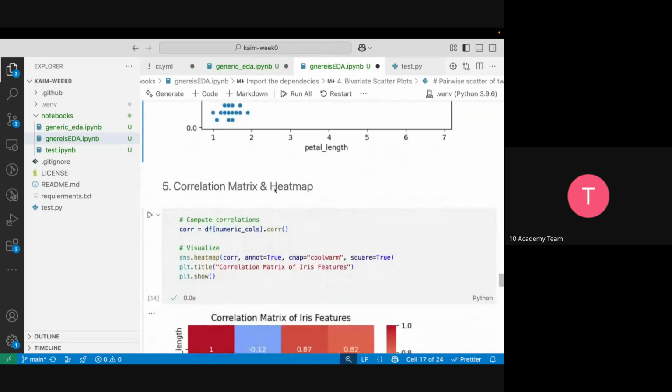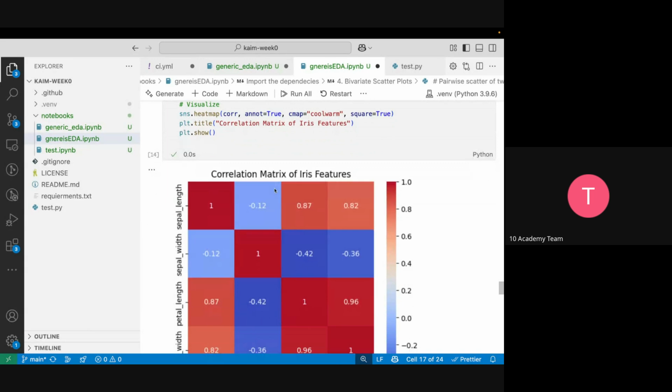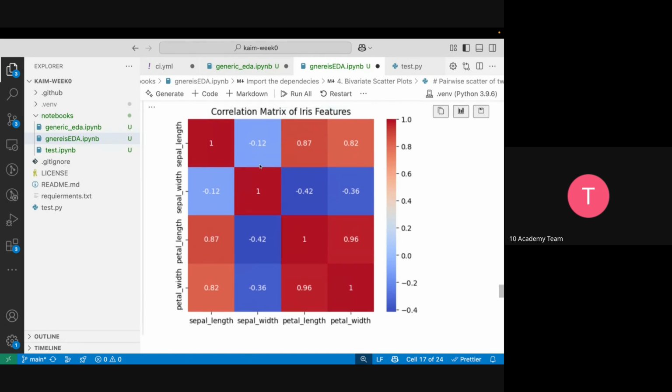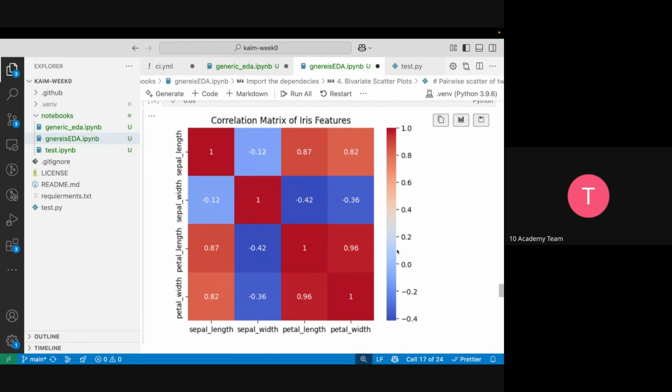And for the correlation, here I'm trying to look at whether there is any correlation between them. So here you can see that we have the heat map. Here 1 means it's against itself, so it's 100% related. So don't mind this line. But outside of this line, we can see that the petal lengths and the petal widths are very much related, with a 96% relation.